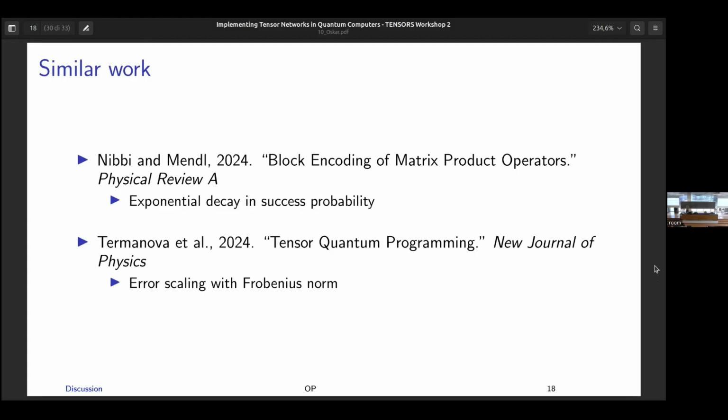So this is only for matrix product operators, and they encode them with a high success probability. But the problem is that the error of the operator that they encode is actually scaling with the Frobenius norm of the operator, which is very bad because it scales as a square root of the size of the system.